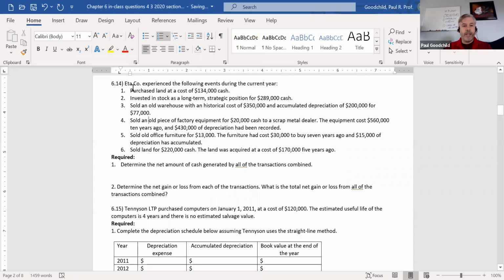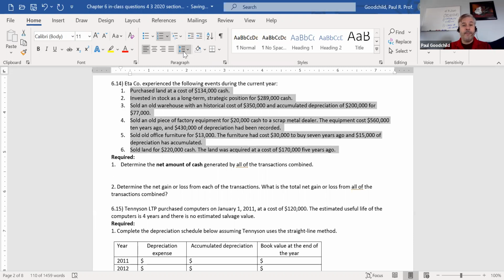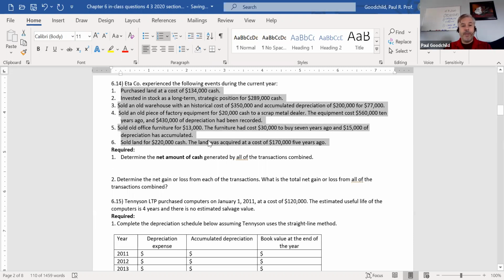We've got 6 transactions here, and we're going to determine the net amount of cash. So we're going to add up what we got and subtract what we spent, inflows versus outflows. I'd like you to try the first part here and type the answers in the chat.